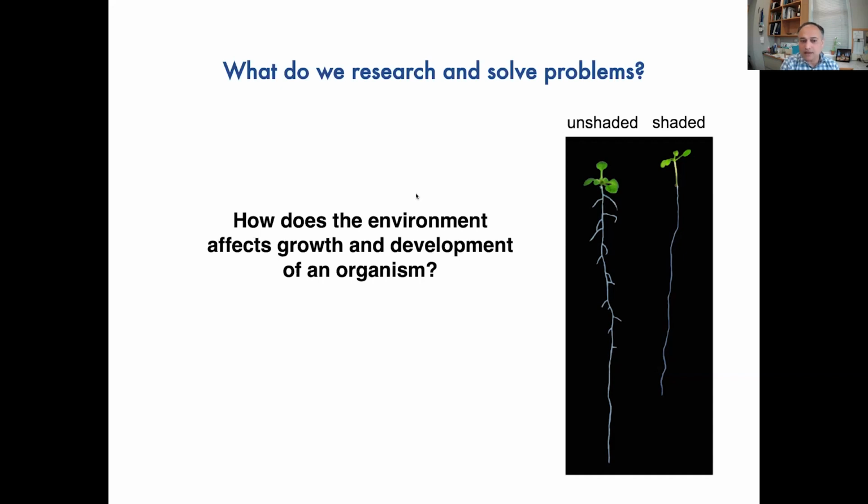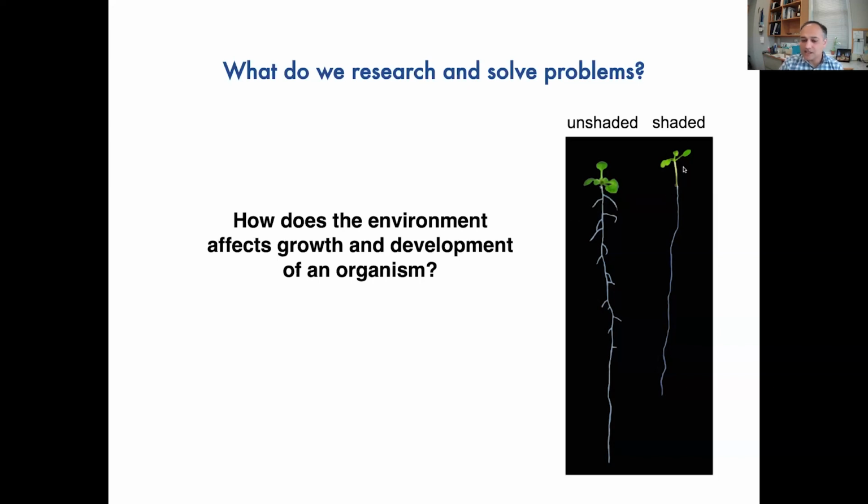So continuing with this, our main goal in my lab is to understand how the environment affects growth and development of an organism. One of the examples I would like to give you is these two plants, which are of the same age, same genetic makeup, but they're grown in two different light conditions. One is unshaded and the other one is a shaded environment.